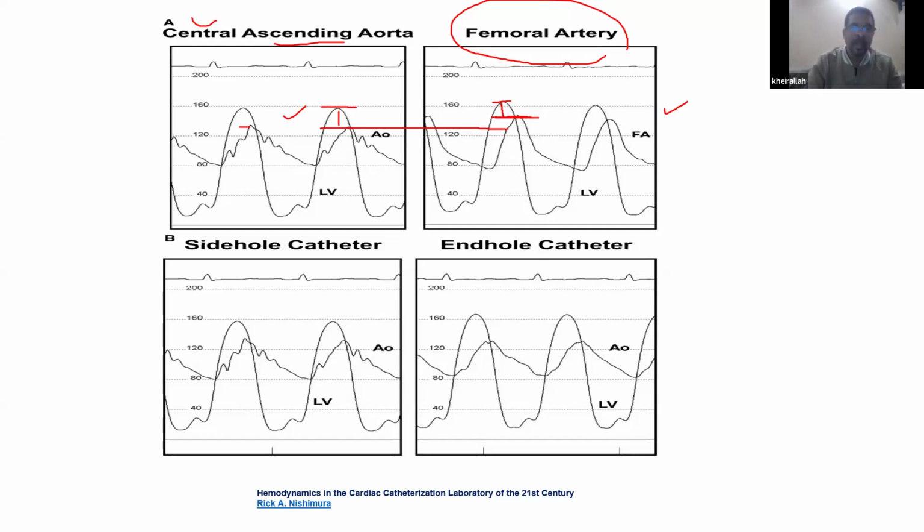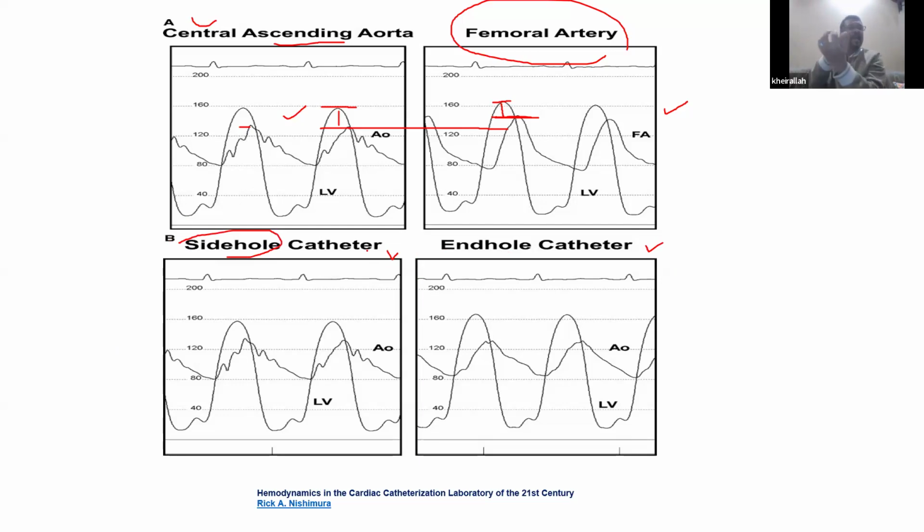Okay. Another point when using invasive catheters for aortic stenosis, or in general for pressure measurement: we have the side hole catheter and the end hole catheter. Usually we use the side hole catheter. Why? Because of the end hole, notice the end hole. What is the problem with the end hole? It can easily get stuck to the wall and you get damping. But the side hole is sneaky and tricky, hard to stick to the wall, so you can always get pressure.